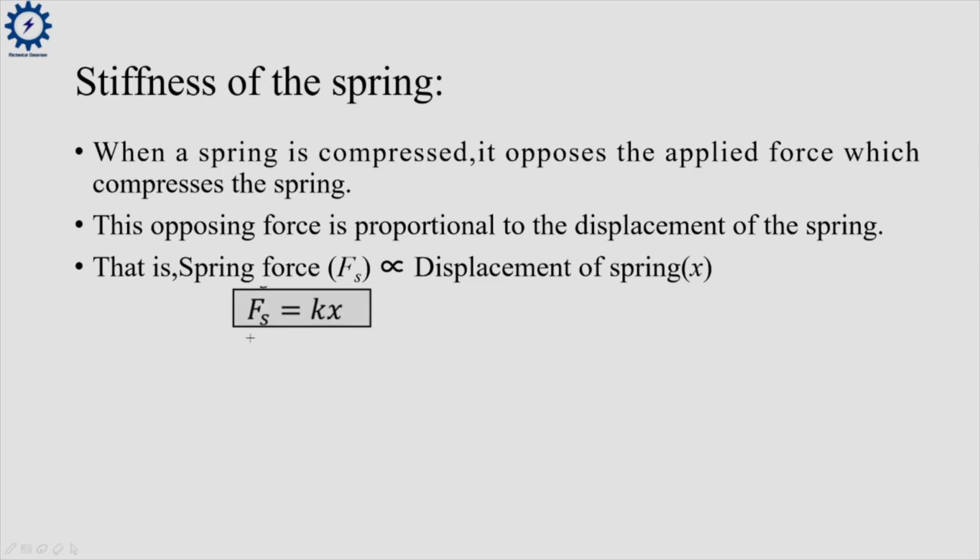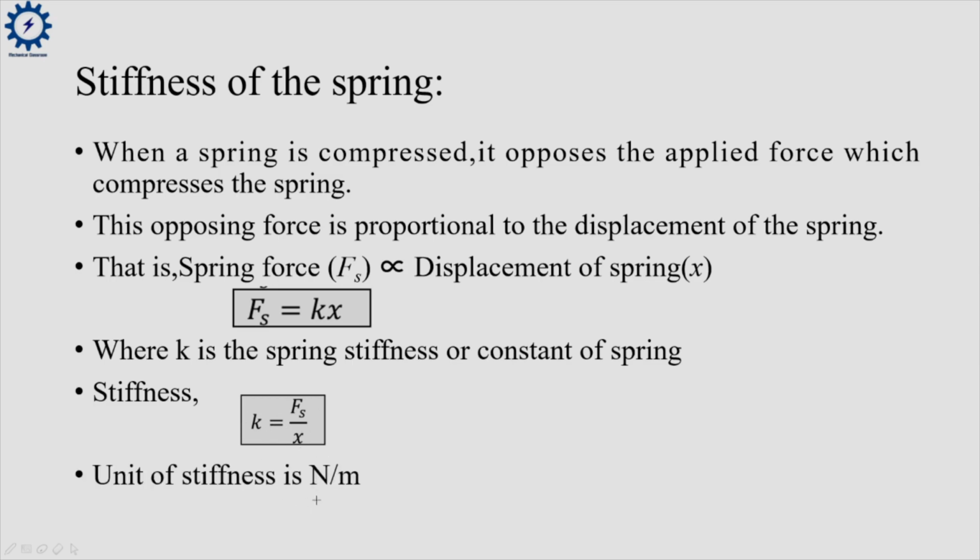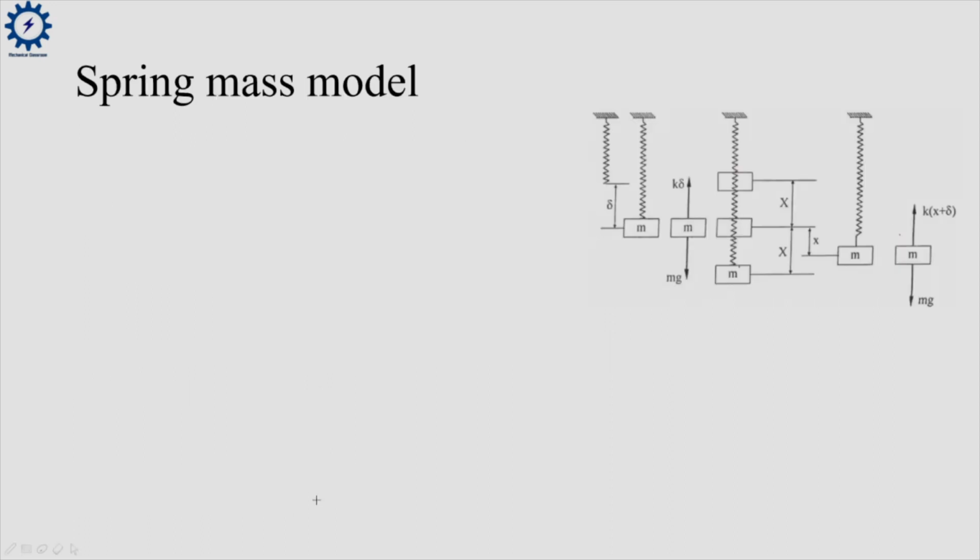So we can write the equation Fs equals K h, where K is the constant of proportionality. We call this constant of proportionality the spring stiffness or constant of spring. So the expression for stiffness is K equals Fs by h. The unit of stiffness is Newton per meter.